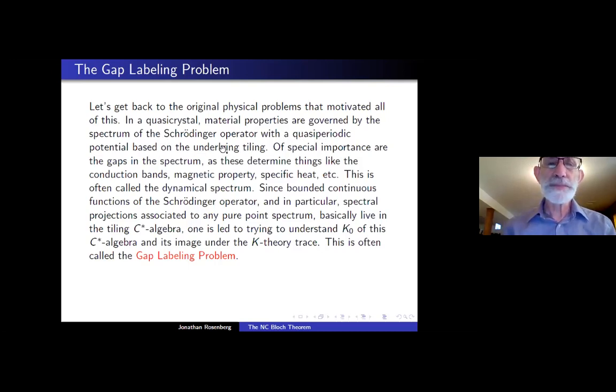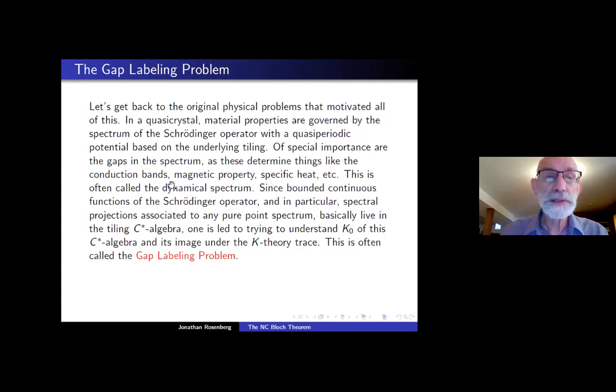In any event, given the tiling, that determines the arrangement of the atoms in this quasi-crystal, then you want to understand the spectrum of the Schrödinger operator, and that's what determines the material properties. So we want to know about things like gaps in the spectrum, because those determine the conduction bands, the magnetic properties, the specific heat, et cetera. All the things that you usually measure in a laboratory when you want to understand material properties.